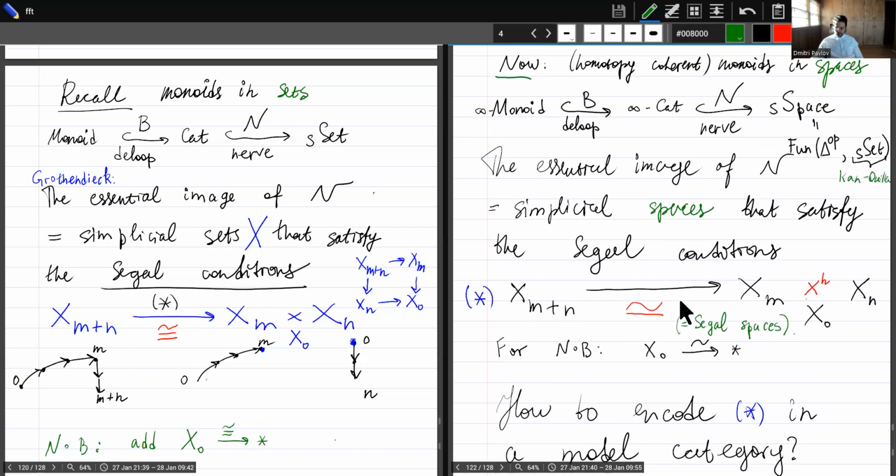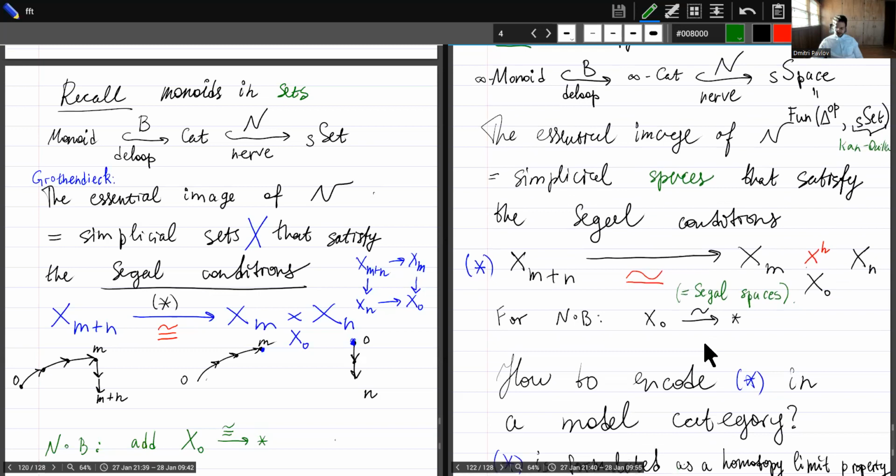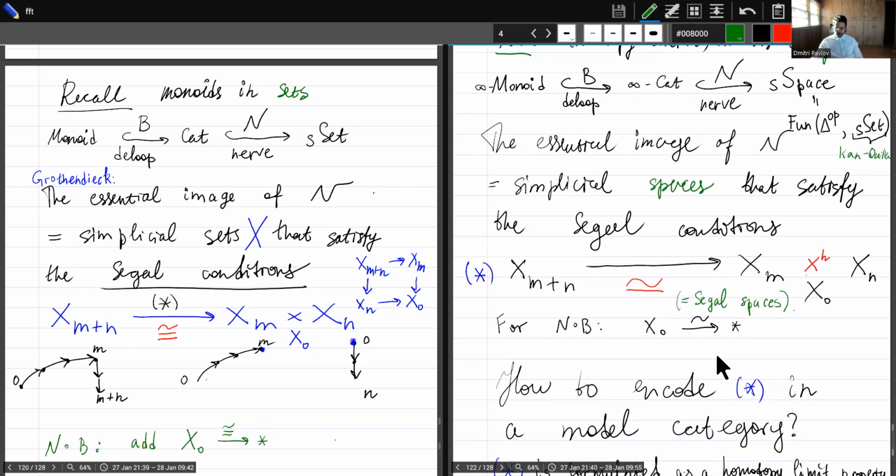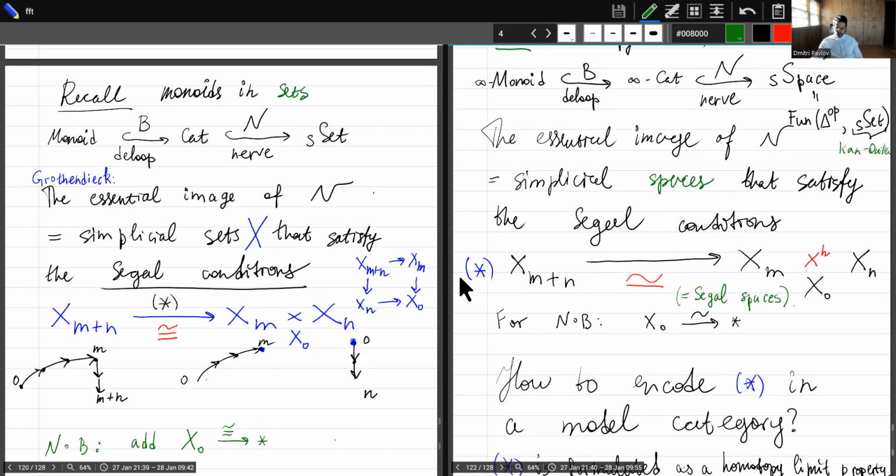Okay, so the next question to ask here is how to encode such a condition in a model category. And you may ask, well, what's the problem? I mean, it's of course very easy to write down this map in any model category and just look at objects X that satisfy this property.